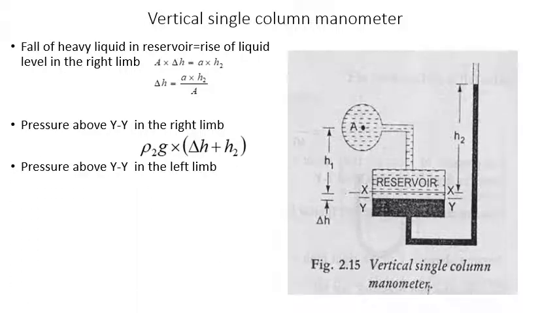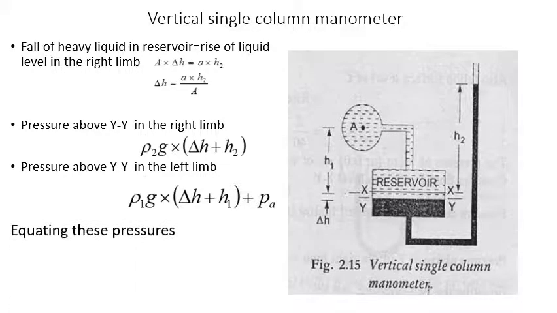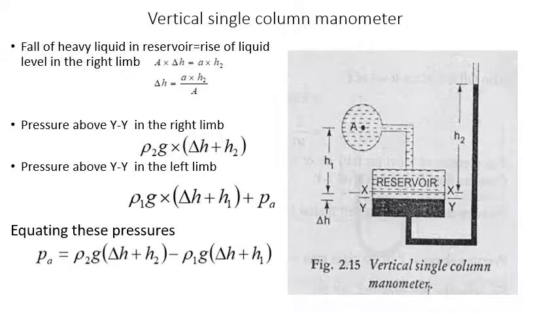The pressure above Y-Y in the left limb is equal to rho 1, the density of liquid 1, into g into delta h plus h1, plus P of A, the pressure at point A. Equating these two pressure values, P of A, the pressure at point A, is equal to rho 2 into g into delta h plus h2 minus rho 1 into g into delta h plus h1.